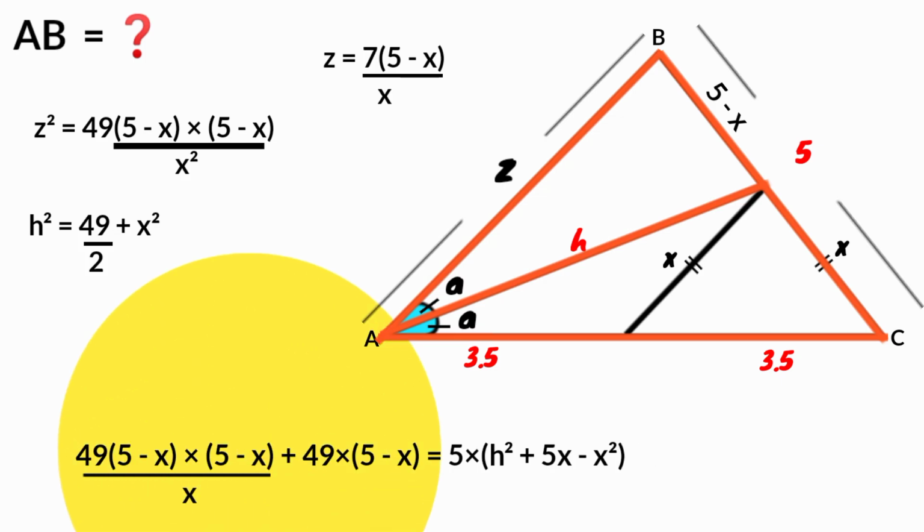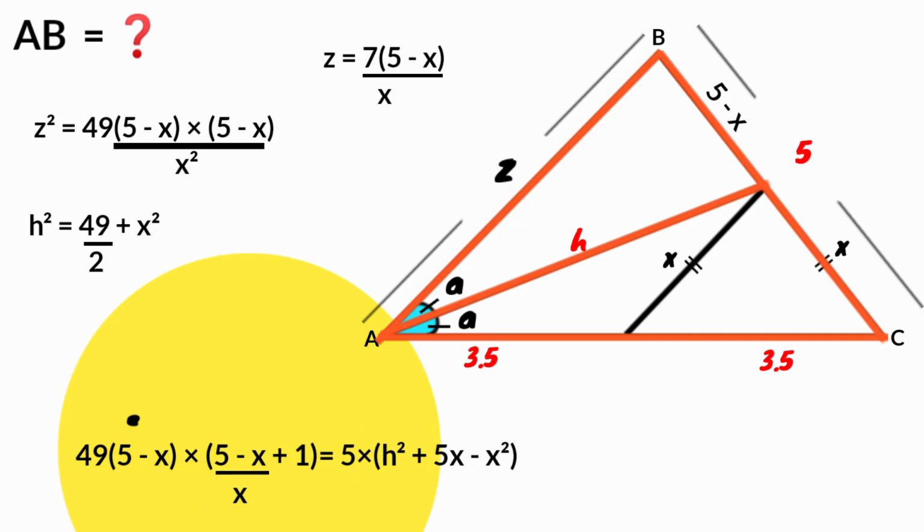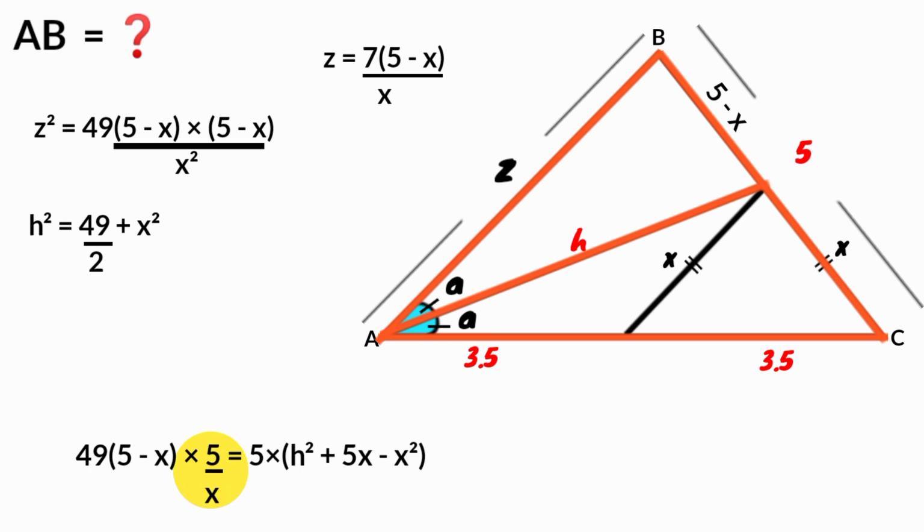From here, 49 into 5 minus x is common. We factor it out. So it is 49 into bracket 5 minus x all multiplied by 5 minus x over x plus 1. 5 minus x all over x plus 1 is 5 minus x plus x all over x. Minus x plus x is 0. So it is 5 over x.